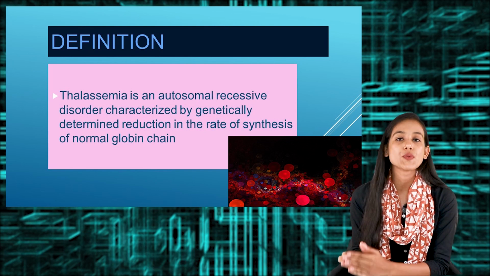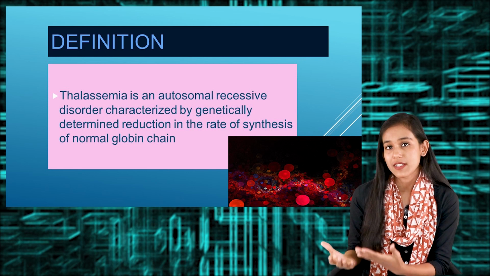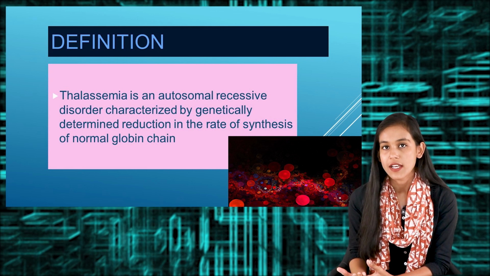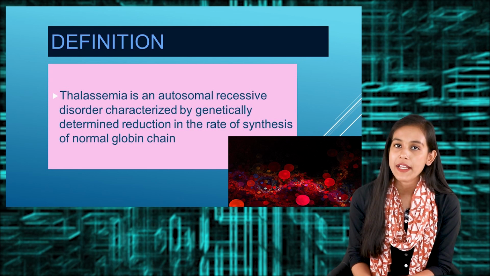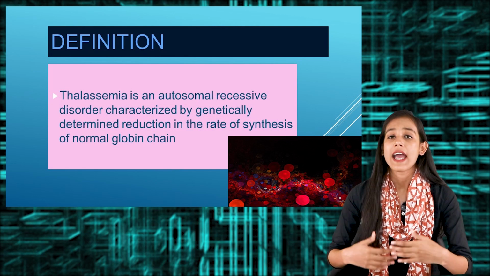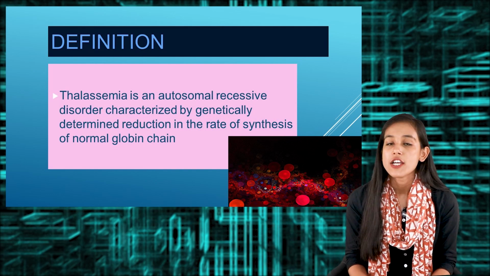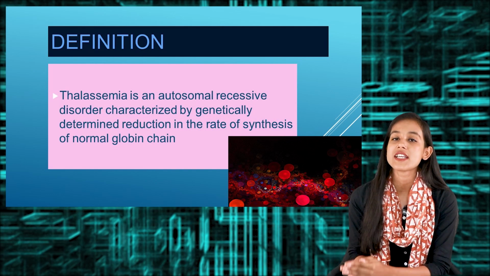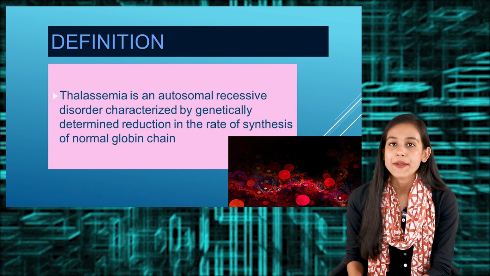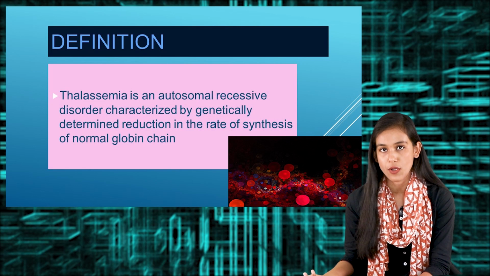Because here there are two genes, right? The other one is the healthy gene, but here what is happening? The mutated gene is overpowering the healthy gene, and it is causing the signs and symptoms. It is causing the disorder, right? So definitely that means this gene is dominant, and then we say it is an autosomal dominant disorder.